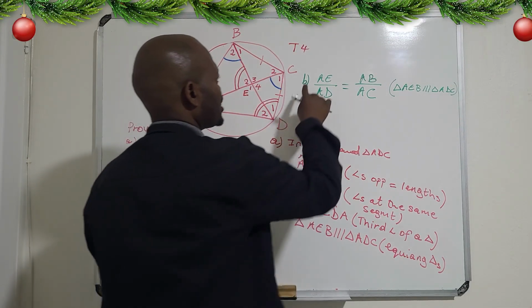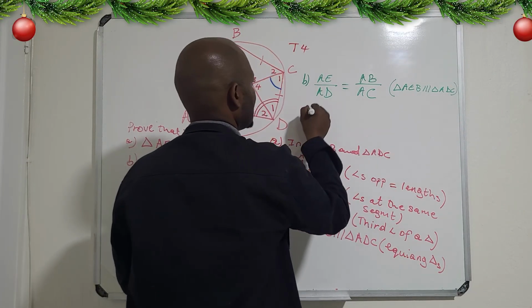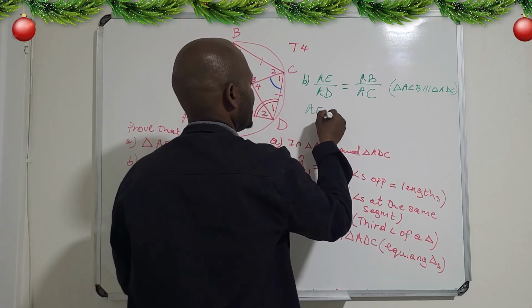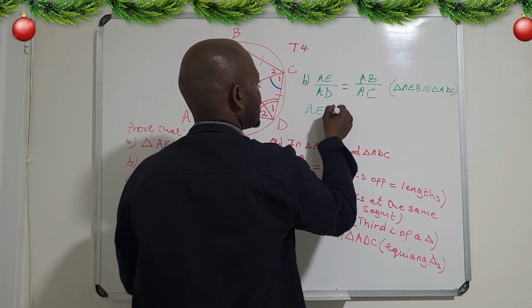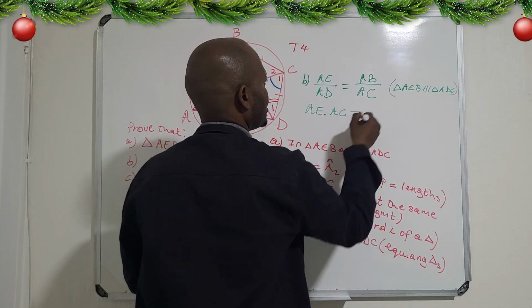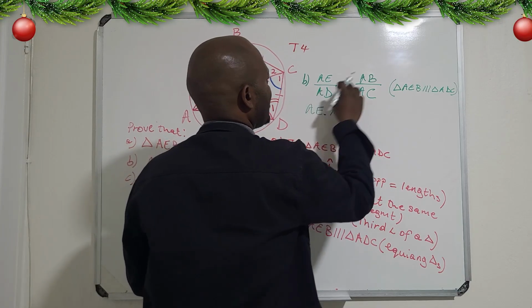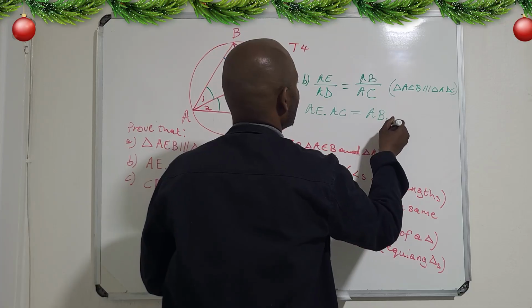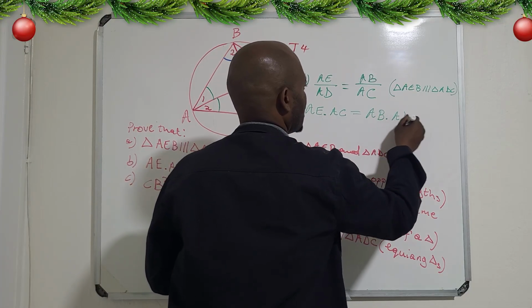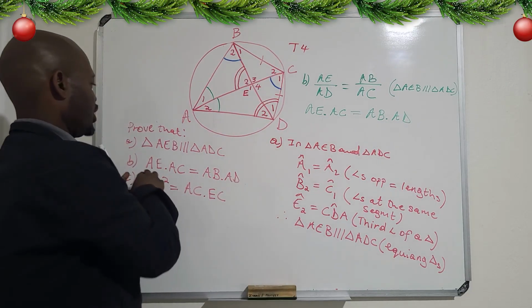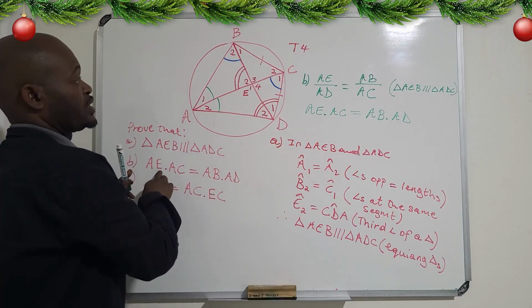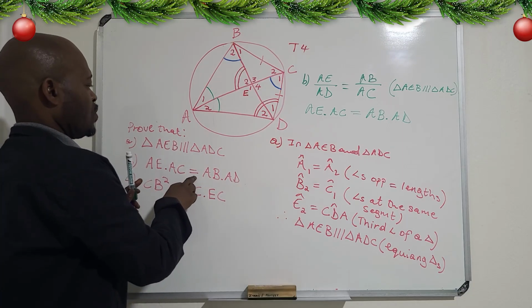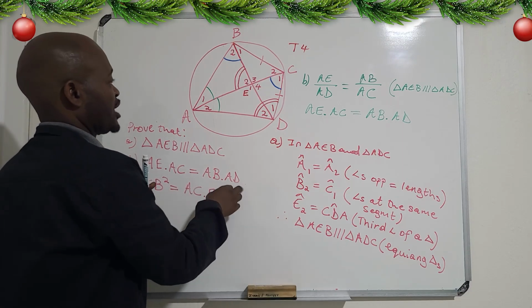Therefore, we can cross multiply: this multiplied by that is AE times AC, which is equal to this multiplied by that, AB times AD. AE times AC is equal to AB times AD.